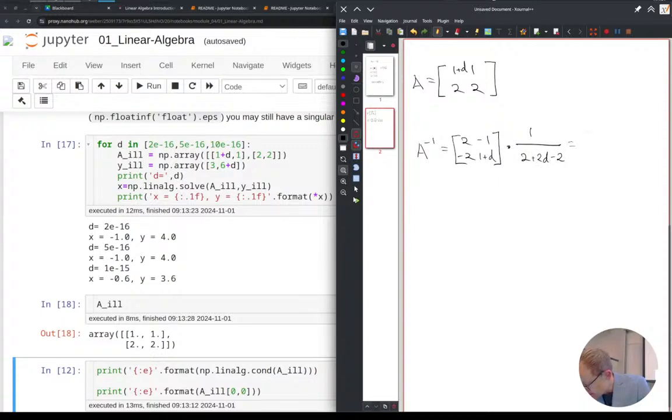So all this is 2, negative 1, negative 2, 1 plus d, times 1 over 2d. So the smaller d gets, the closer all the numbers inside the inverse are going to be to infinite. So no matter how I choose the magnitude, whatever norm I want to use, like max of each row or max of each column, they're all going to be really big numbers if d is small.